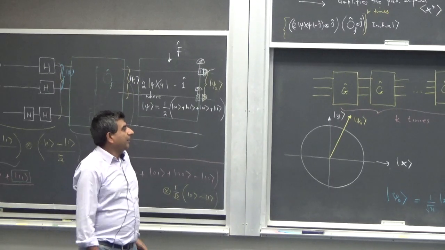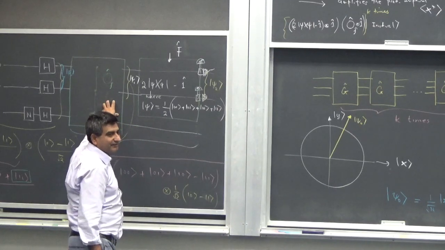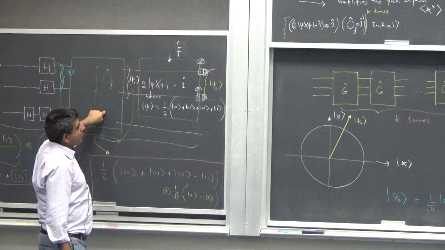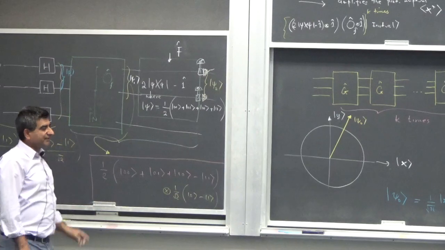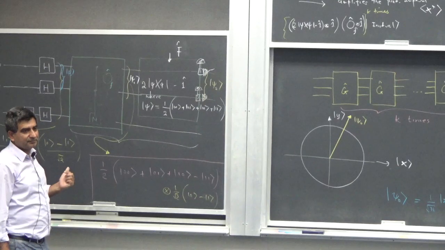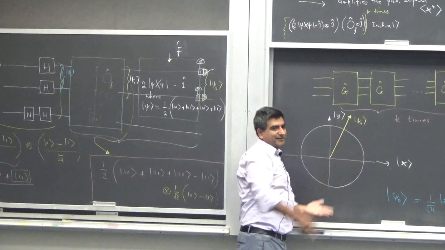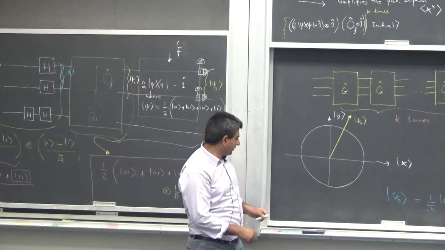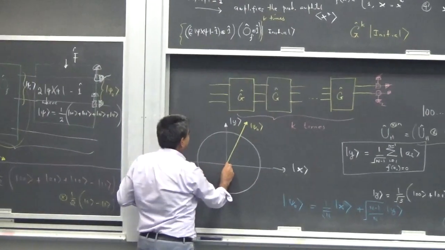Alright? Now, this is what is being fed in here. Now what does this operator do? What does this operator do? It changes the sign of the wanted state. But nothing happens to the unwanted parts. So what the first quantum oracle would do is that really it would like to take this state and bring it here.